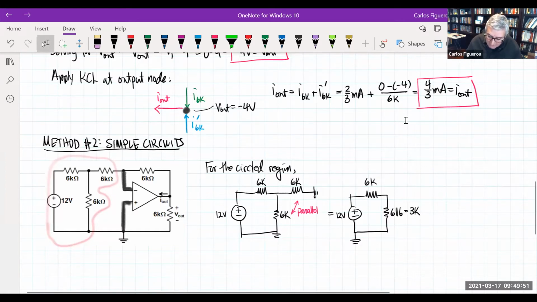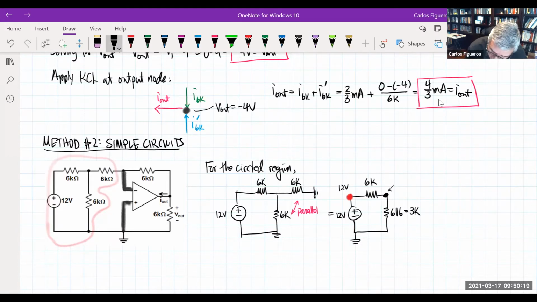If I do that, then I could calculate what the node voltages are, right? I know that this voltage, of course, is 12 volts. And at this node right here, I could calculate what that voltage is.